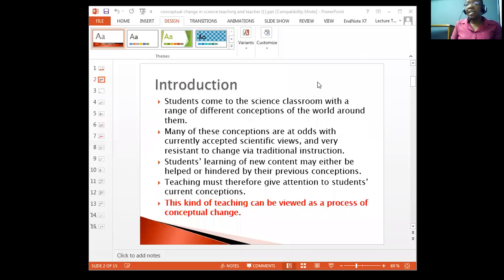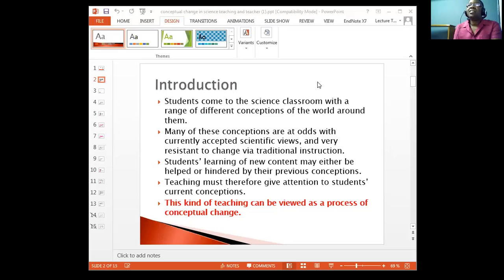All right. So I was saying that in talking about conceptual change, we kind of need to cover some background. We need to have an appreciation that when our students come to us, they come with lots of ideas about all sorts of things.